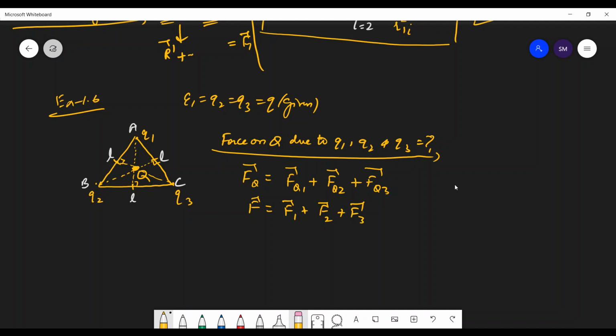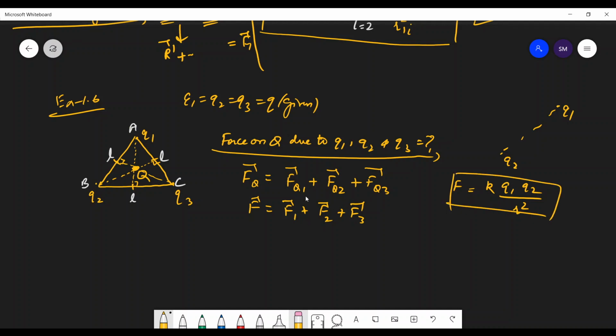So what is the force between two charges? Suppose these are Q1 and Q2. The force between them is K Q1 Q2 divided by the square of the distance between them. So I need this distance, and the square of the distance. That is the magnitude of the force.